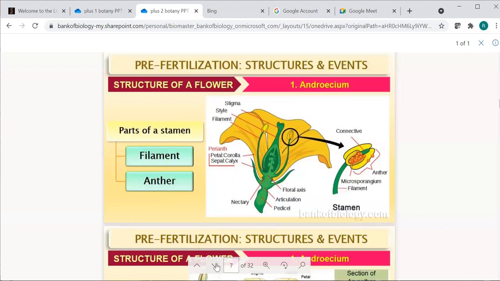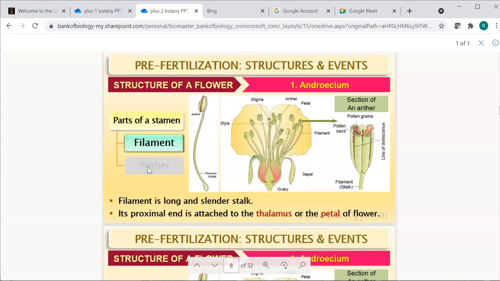So parts of a stamen. What is stamen? Male reproductive part. इसको androecium बोलते हैं, and it has two parts, that is anther and filament.